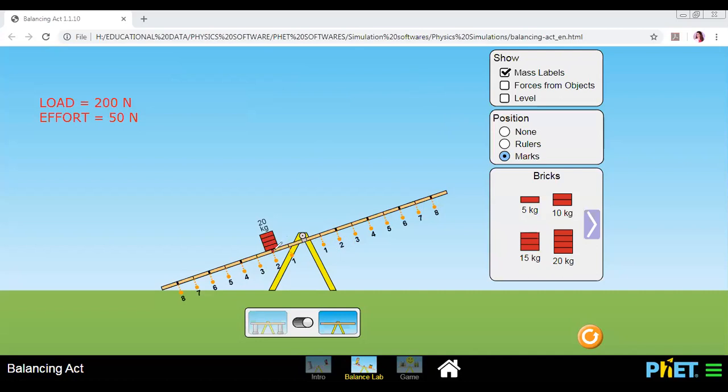Here at the base I have made the point and marked it, and obviously I'm going to place the effort here. So this is another point.